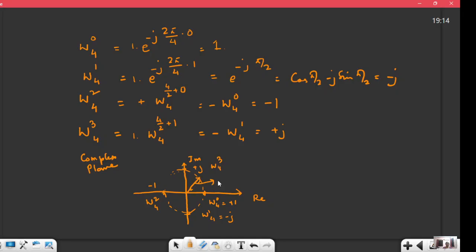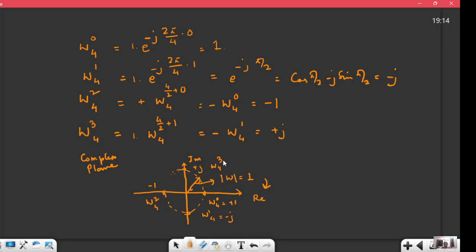What is the magnitude of W? Magnitude of W is 1. So the Twiddle factor is rotating on a circle with the phase theta, and the rotation is clockwise because the angle is negative.